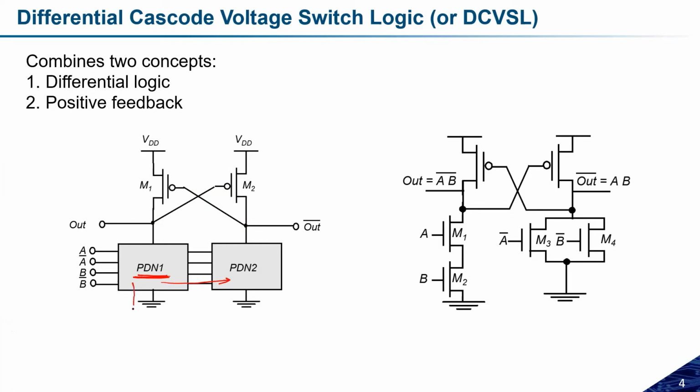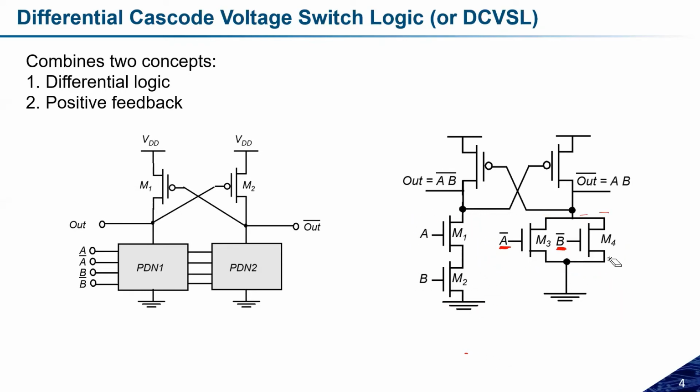If the transistors are in series in the first block, then the transistors in the second will be in parallel. So if I have provided two transistors in series in the first block with inputs A and B, then in the second pull down network both transistors should be in parallel and the inputs should be complementary. Let us try to understand how this circuit is working.